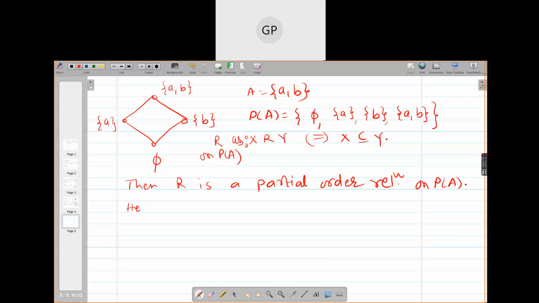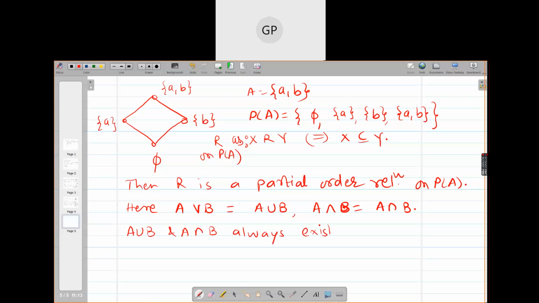Here, A join B is equal to A union B. Yesterday we have seen these definitions. And A meet B is equal to A intersection B. So, A union B and A intersection B always exist for any A, B. Right?